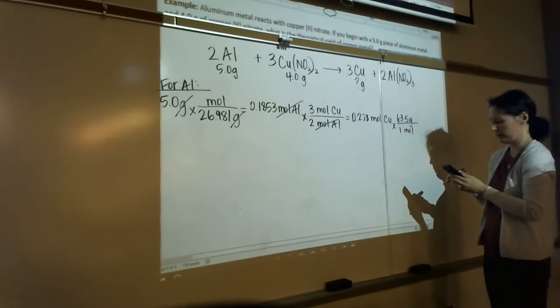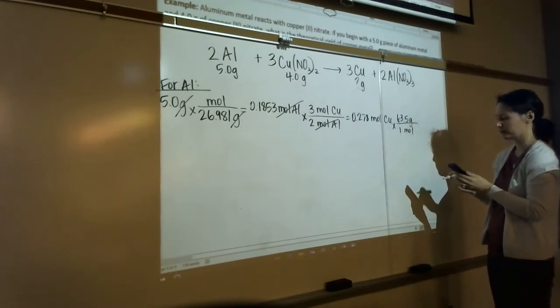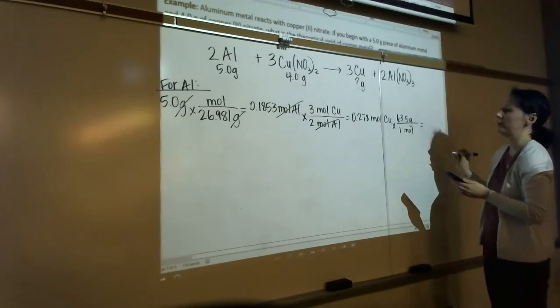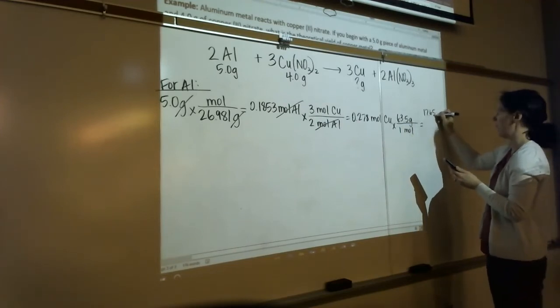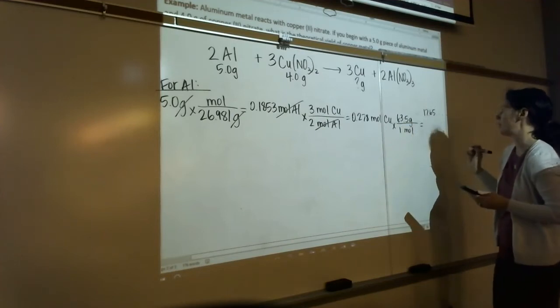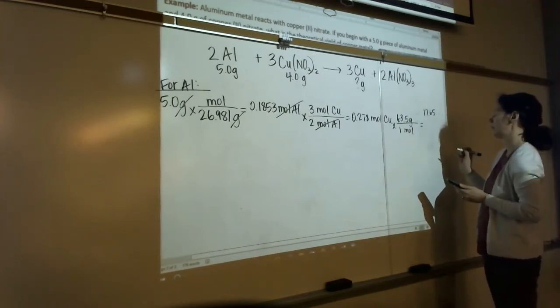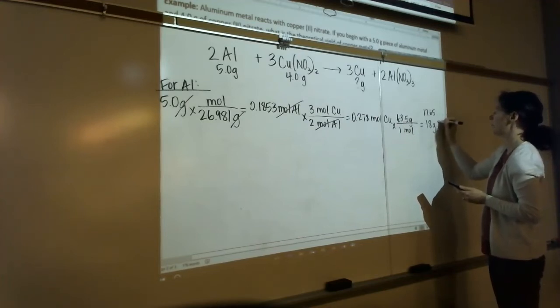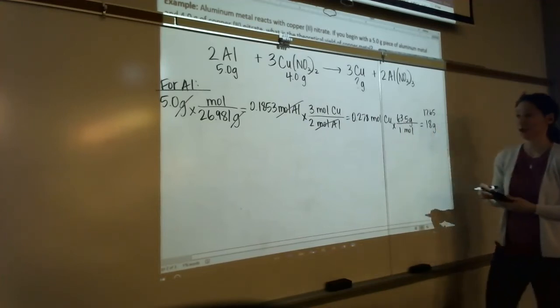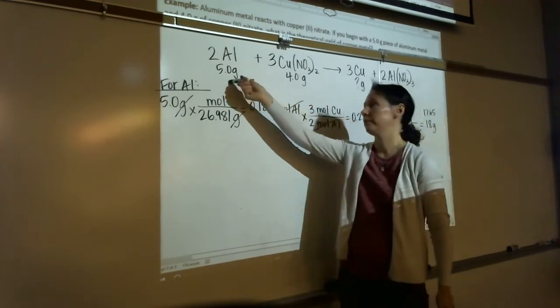So times 63.5. That gives me 17.65, blah, blah, blah. So rounding that to 2 sig figs, that would be what? 18 grams. But that's just for starting with my aluminum, right?